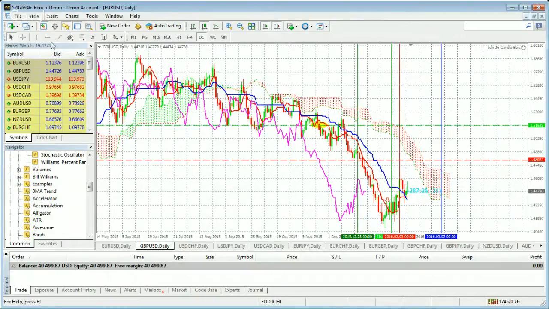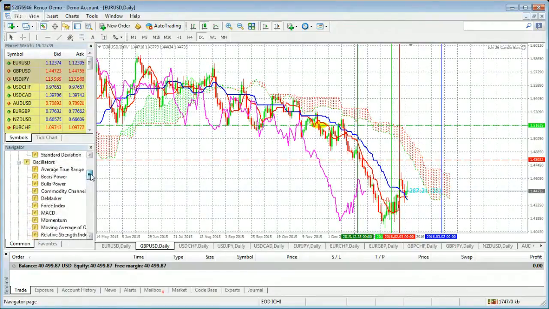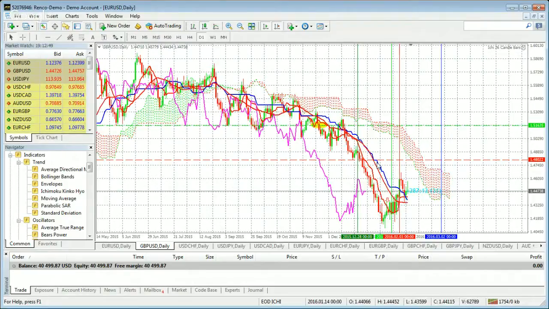Let me add a moving average, 20. Let's make this color red. There we go. Let's make that 50 rather, so it'll be a bit easier to see. 50, there we go.